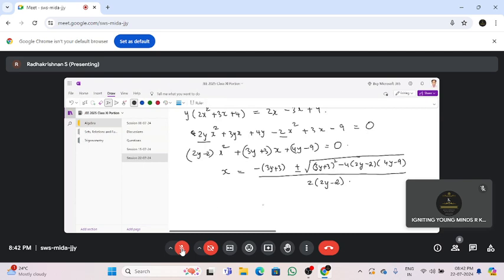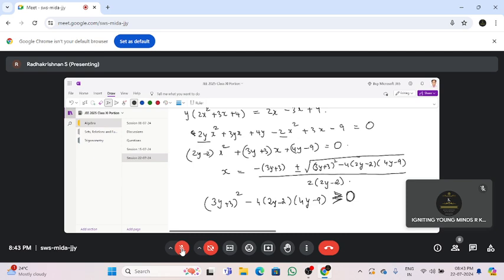If it has to be an R to R function, whatever is in that b square minus 4ac should be greater than or equal to 0.